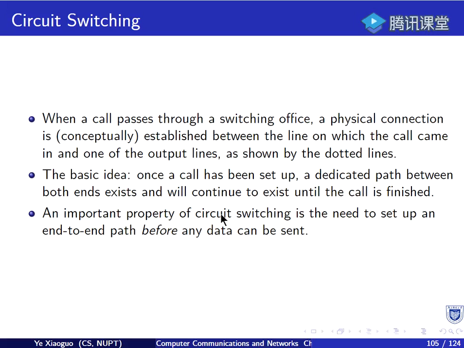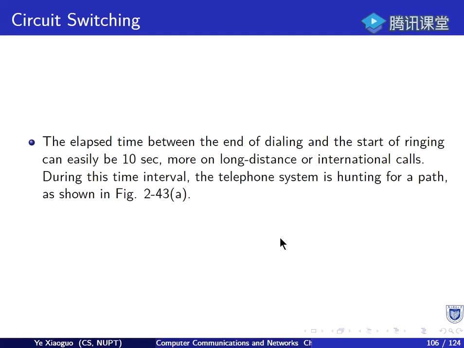An important property of circuit switching is the need to set up an end-to-end path before any data can be sent. So there will be a long delay to establish it. The elapsed time between the end of dialing and the start of ring can easily be 10 seconds, more on long distance or international calls.